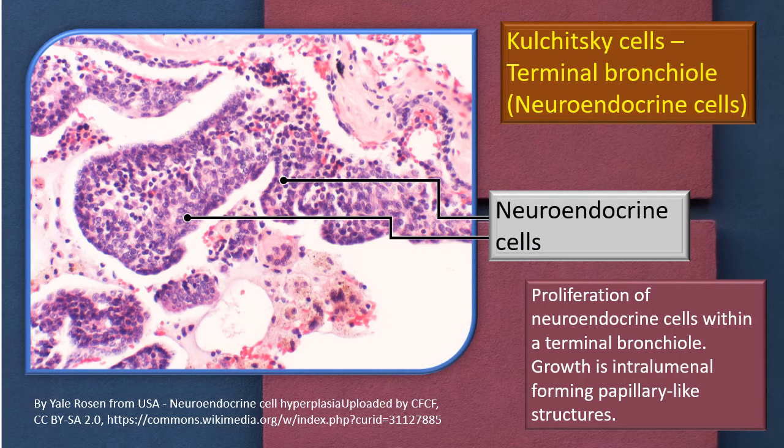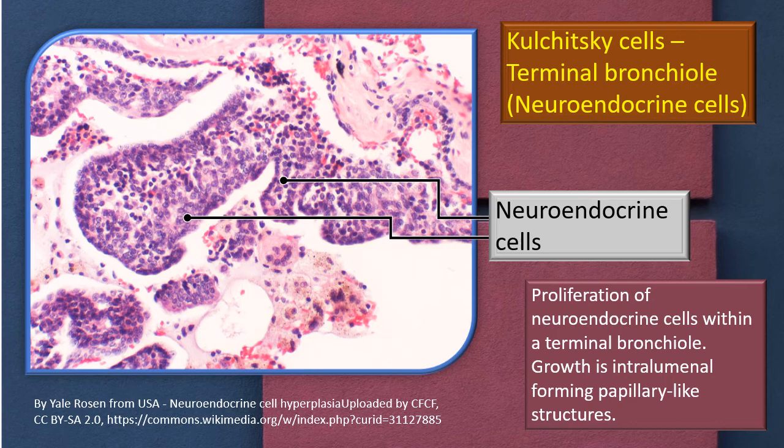Next, this is a very rare cell that is normally seen in physiologically normal lung. It's called the Kulchitsky cells. It's located among other places in this photograph, terminal bronchiole. These Kulchitsky cells are neuroendocrine cells.